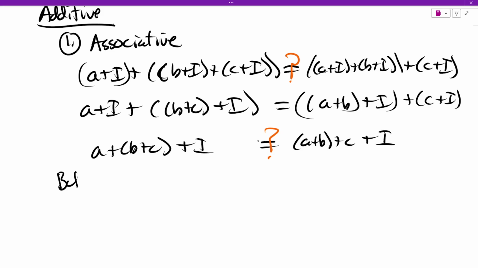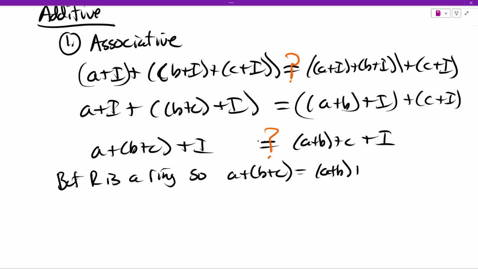But R is a ring, so the elements A plus (B plus C) and (A plus B) plus C are equal. So are the cosets equal? Well, yeah, the elements that we're adding on the outsides are equal. So yes, they are.